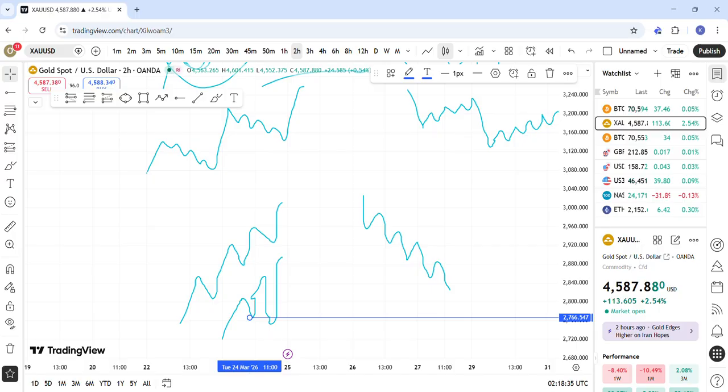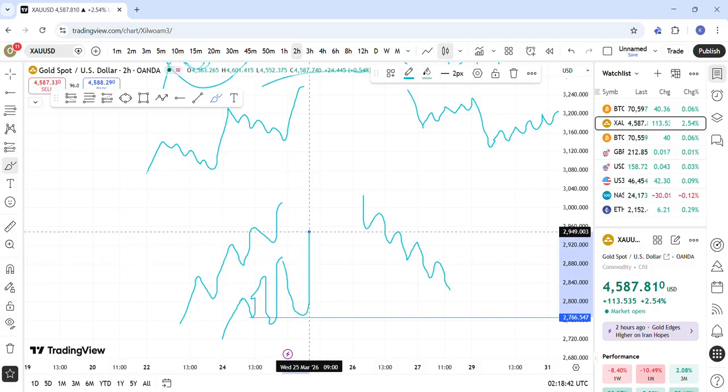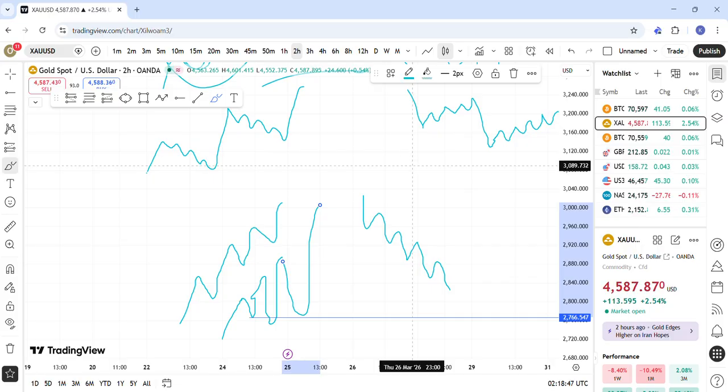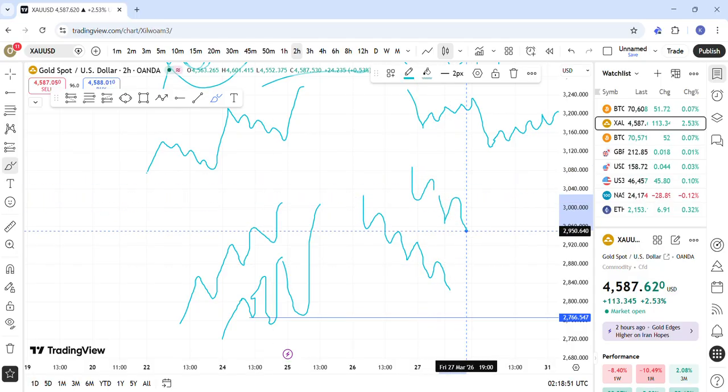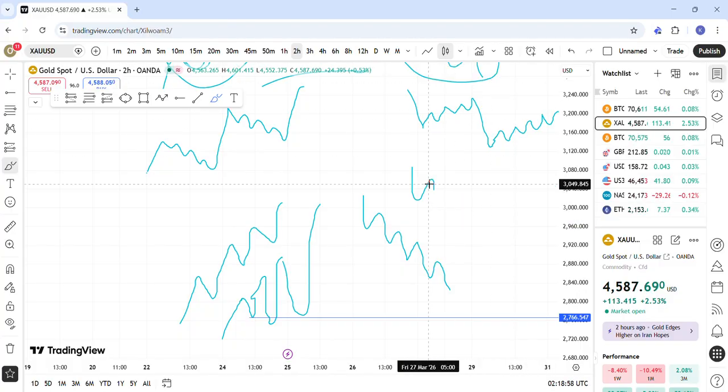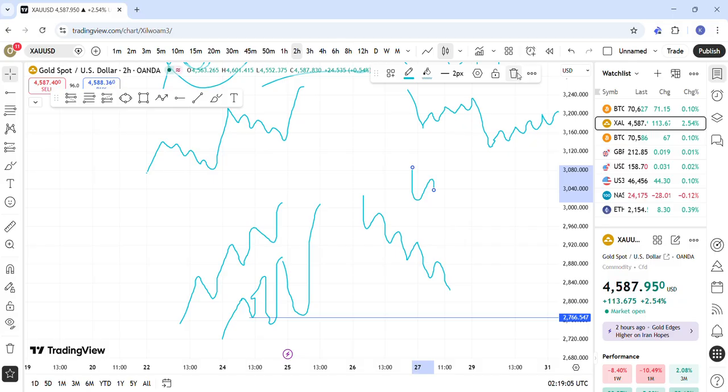As usual, price is meant to come here and then continue pushing up. Same thing applies for the downtrend. Let's say price is going down like this, going down like this.